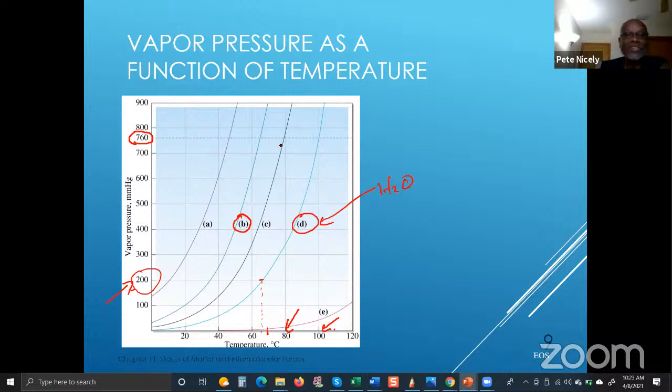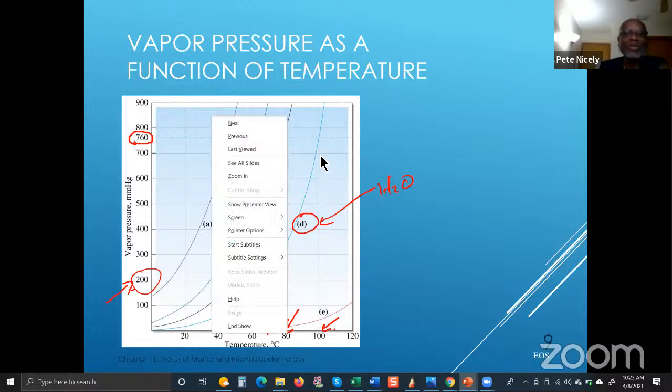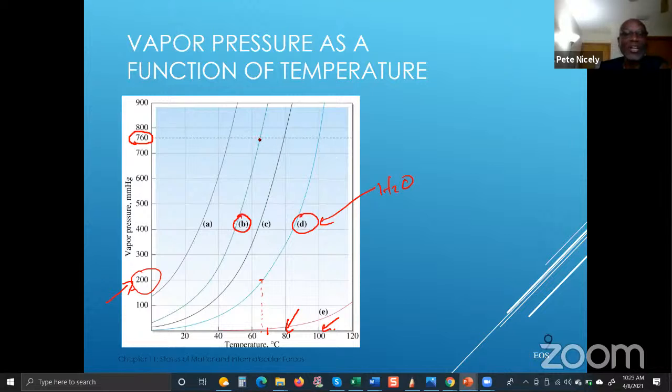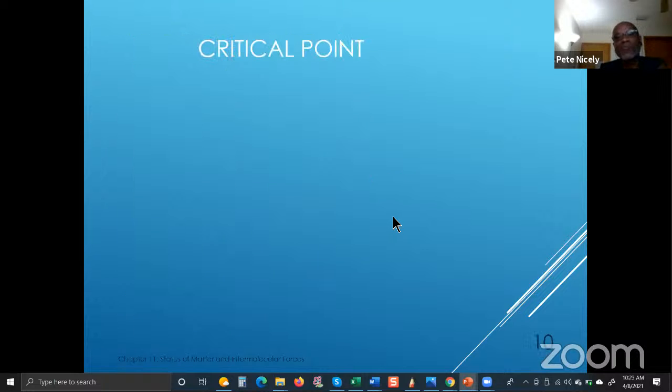What I did a while ago was for liquid C. Liquid C has a boiling point of just under 80 degrees. Liquid B would have a boiling point somewhere down here, which looks like close to 64, 65 degrees, or maybe even lower than that. So that's how you determine those values based on these vapor pressure temperature plots.